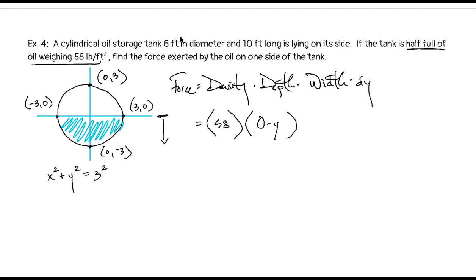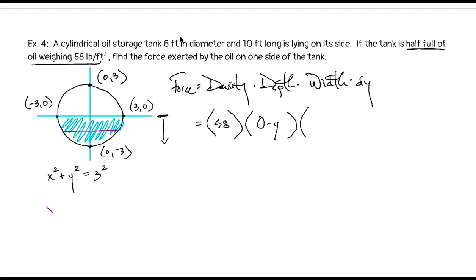The width is going to be this whole distance across, right? How do we find that distance? With x squared plus y squared equals 3 squared. What are we going to solve for? Are we going to isolate x or isolate y? X. Yeah, we're going to isolate our x.